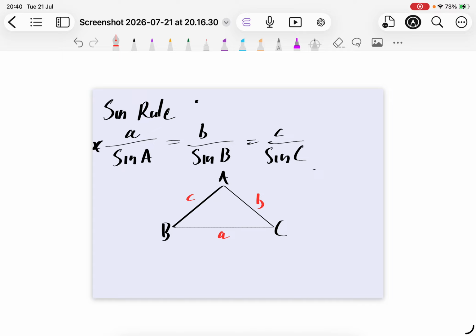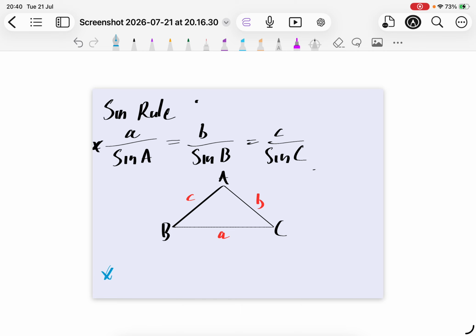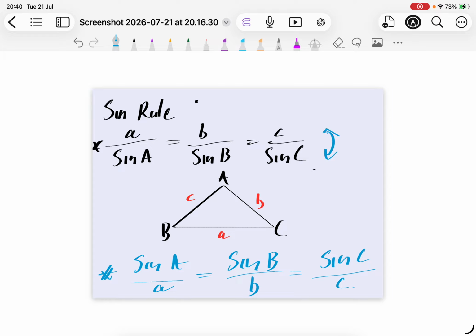Another way to stipulate it, don't get confused. Another way that you can also write this, let me use blue instead, is sine of an angle A over the side of the angle A is equal to the sine of the angle B over the side of B, as well as the sine of the angle C over the side of C. So this is interchangeable, right?